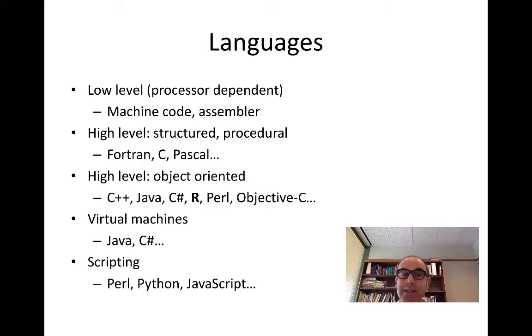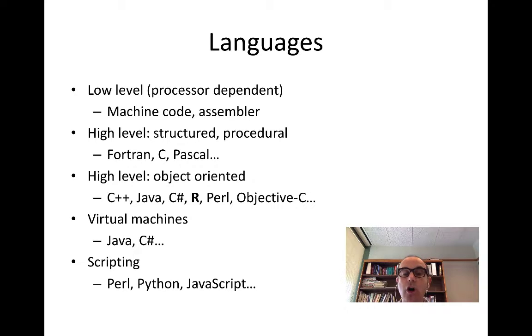We have a course in C++, we have a course on Java, we have a course on C, and we have a course on R. This is my obsession. This is where I can talk to you about R all day long. I will leave it out.